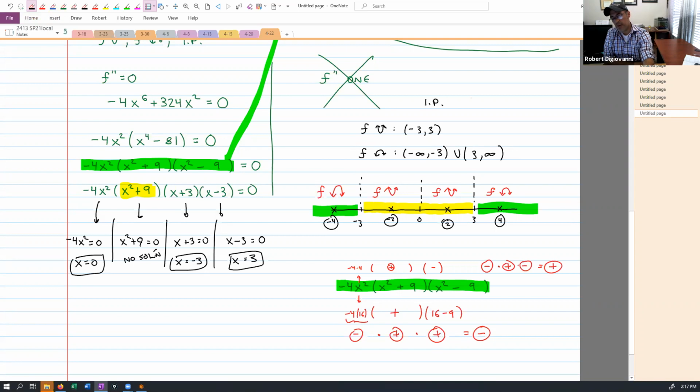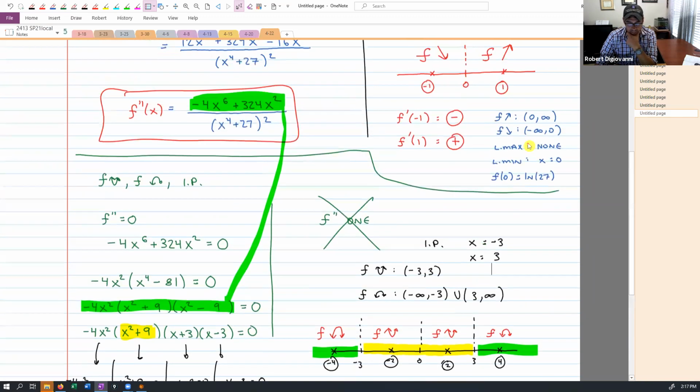Inflections, do we have any? Yeah. Negative 3 and 3, right? Not at 0 though. At 0, we went from up to up, so there's no inflection there. We only have an inflection at negative 3 and 3. And then we could figure out what they are, right? We could plug those in and figure out.